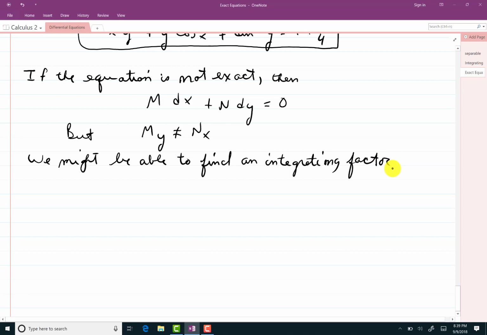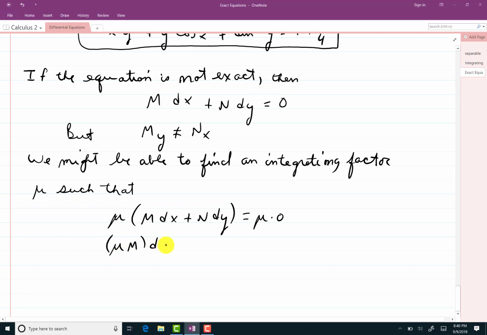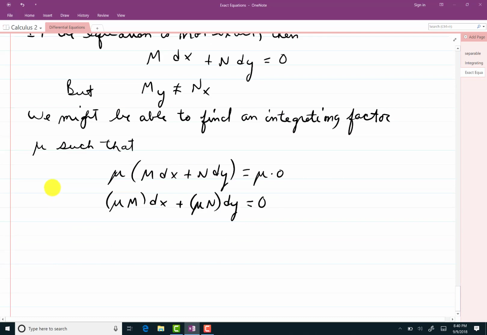let's call it mu, such that if we multiply the whole equation, so if I multiply everything by mu, an integrating factor mu, such that all this is still the same thing, but I'll have instead mu m dx plus mu n dy equals 0 is exact.